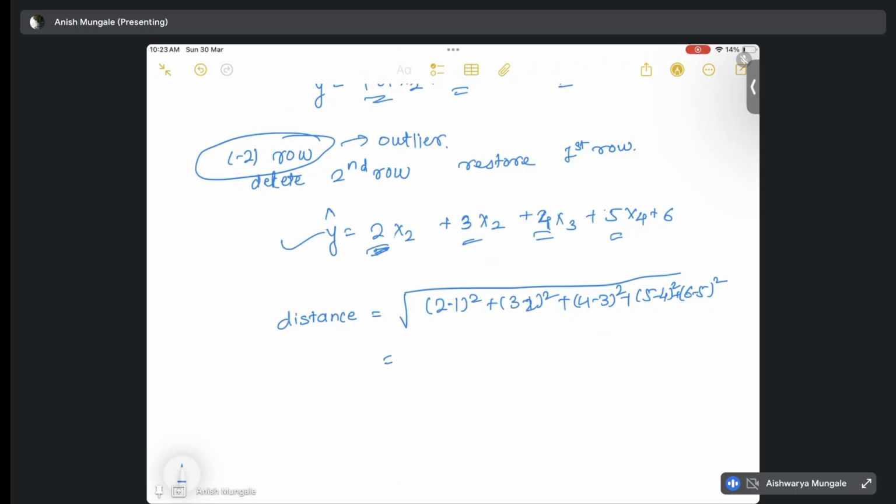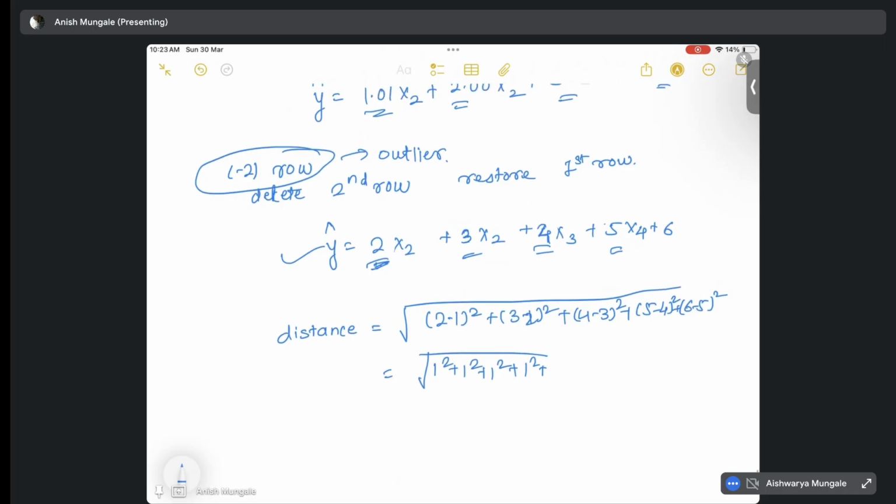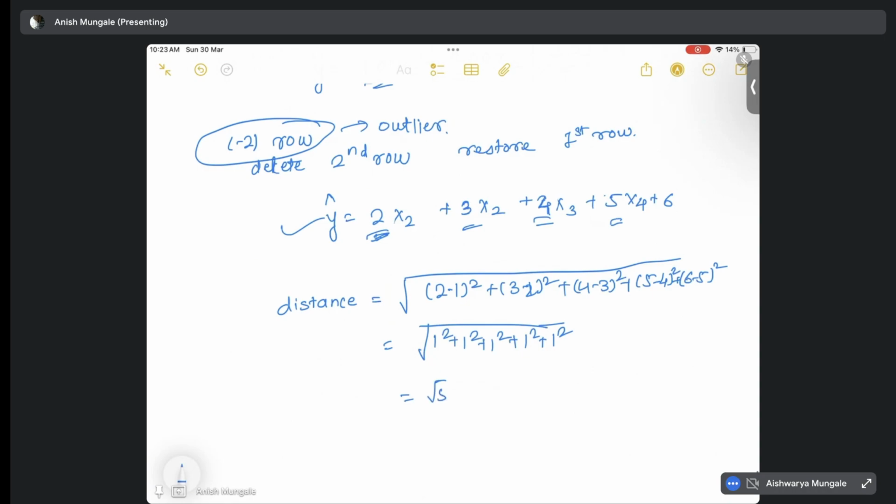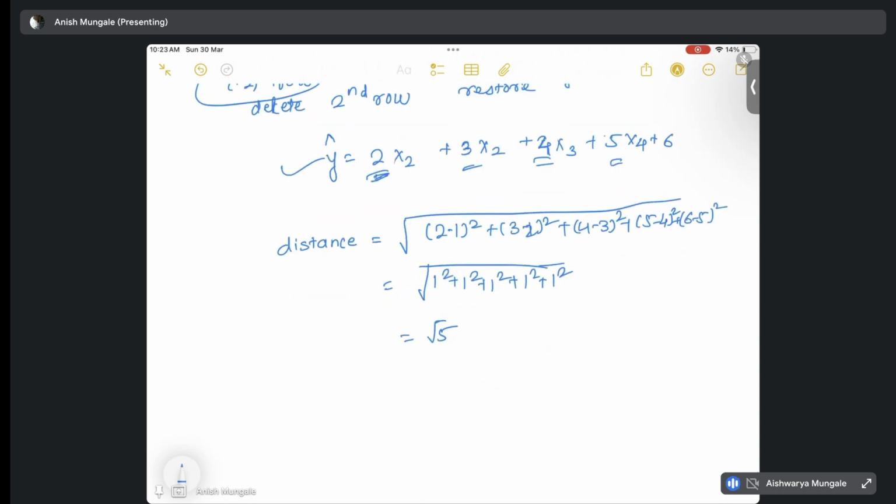This comes out to be the square root of 1 square plus 1 square plus 1 square plus 1 square plus 1 square, so the square root of 5. So this is how you will measure the distance.